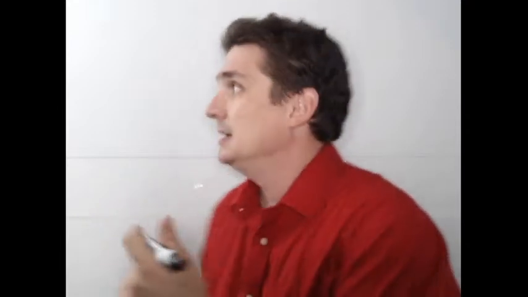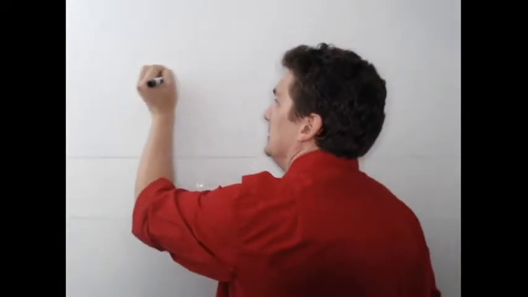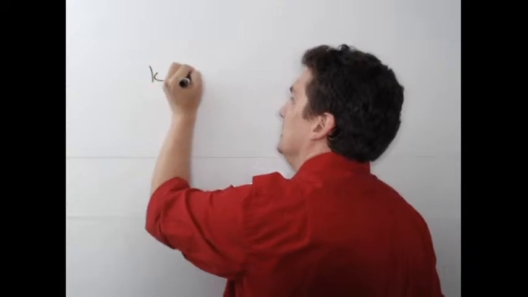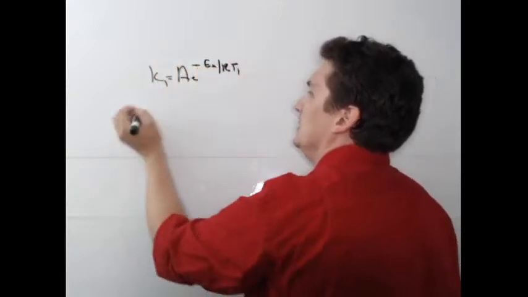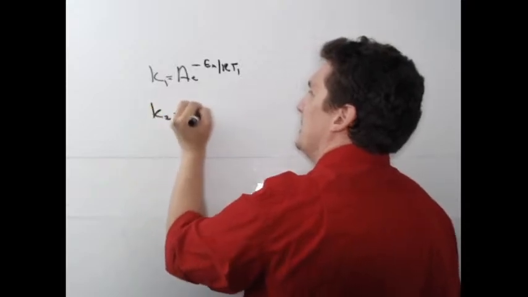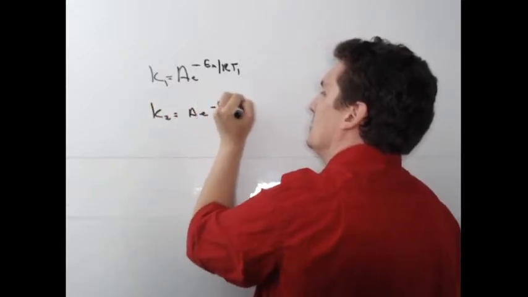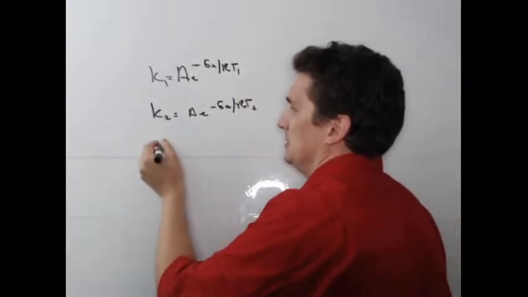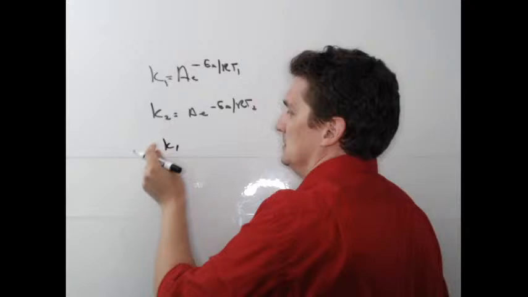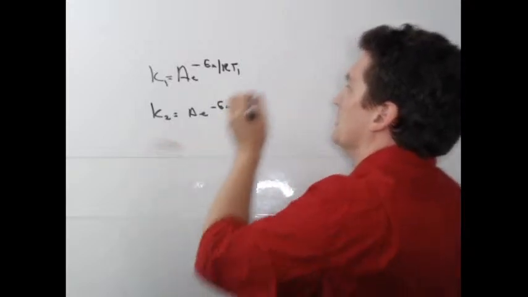Like, I get why you did that, because yes, for students, you've got k1 equals A e to the minus Ea over RT1, k2 equals A e to the minus Ea over RT2, and so you take the ratio, actually take the natural log of both.